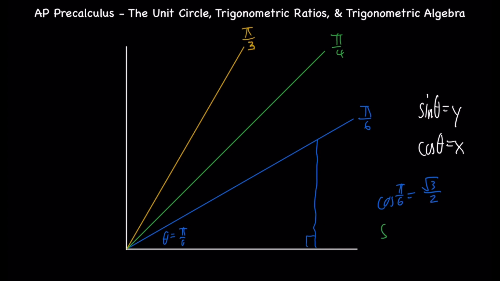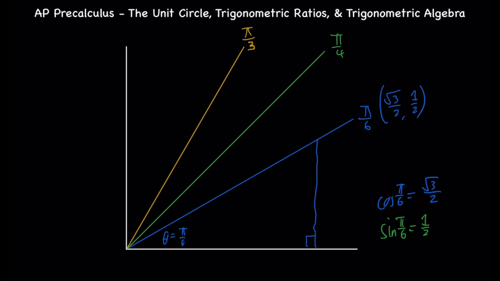When you put in sine of pi over 6, you get 1/2. So you can go ahead and put this as your coordinate. There you go.